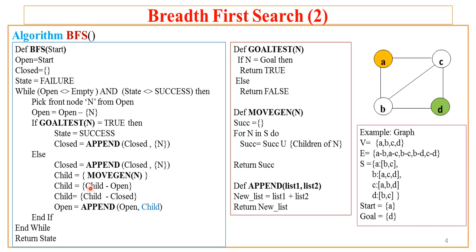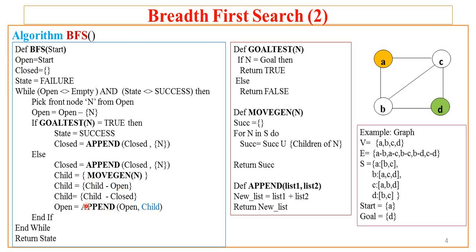The children which are returned by moveGen, from those we remove whatever is in the open, and we also remove whatever there is in the closed, so that we will not face the problem of an infinite loop.